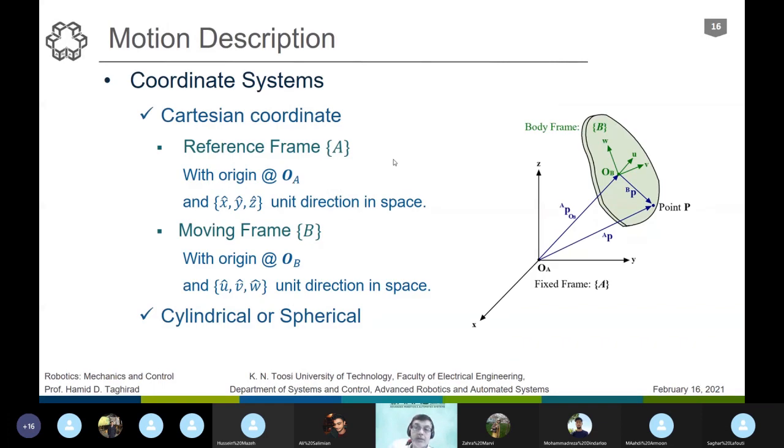We start with a coordinate system. The most important thing is, if we would like to describe the motion, we describe it in what coordinate system? Usually we use a Cartesian coordinate. Cartesian coordinate is x, y, z frame perpendicular to each other. You are all familiar with it from your courses.